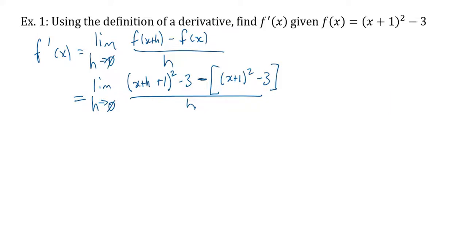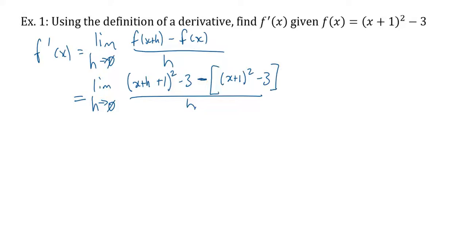Now you might not need my help, so you can go ahead and just do this if you like. The reason why this is a bit trickier is expanding this trinomial squared is going to be a little bit harder. So if you want some help doing that, I can help you.